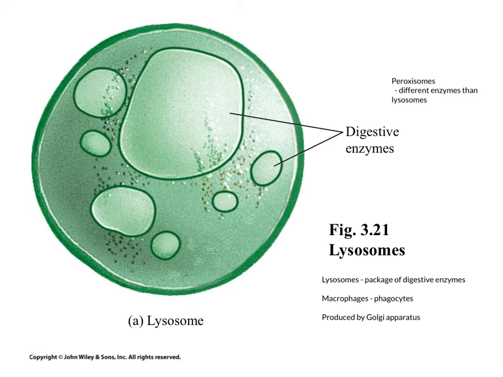And they are not produced by the Golgi apparatus. Inside of them, they have enzymes in order to break down excess peroxide. So any excess hydrogen peroxide, they can break down.